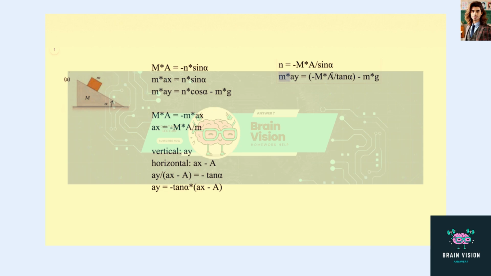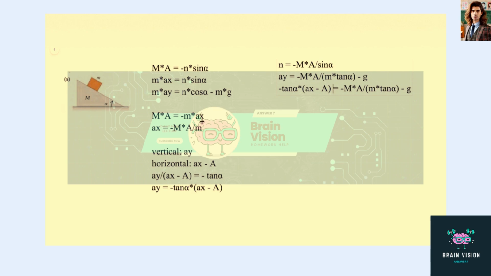So I'm going to divide by m here. Just to be explicit, when I divide by m, this factor is going to go away. So now I have this is equal to ay and this is equal to ay. So I'm going to bring this over here and set that equal to this on this side.